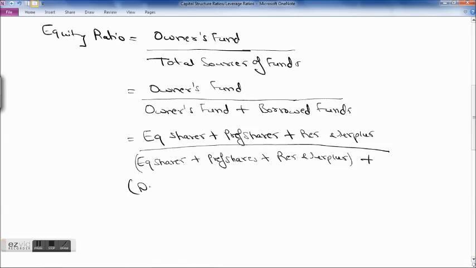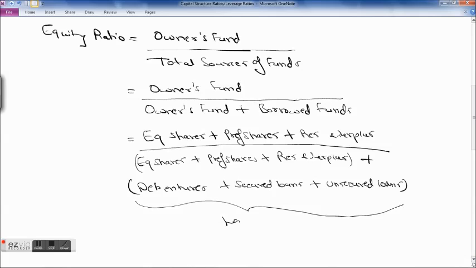Borrowed fund includes your debentures, then secured loans plus unsecured loans, that is, long-term loans. The short-term loans are always included in current liabilities, so they won't come here, only long-term borrowed funds.